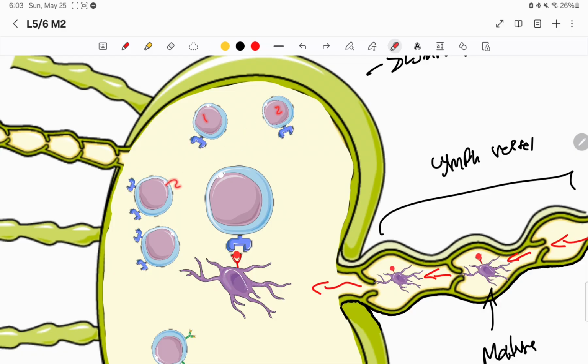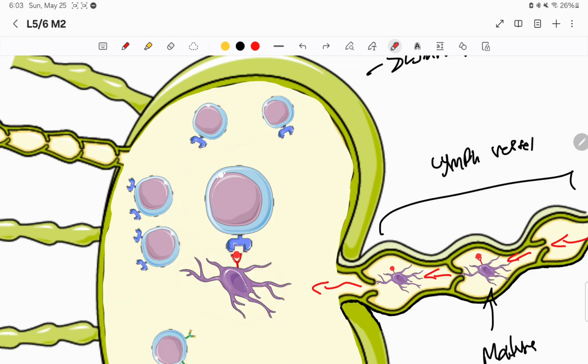There is 1, 2, 3, 4 T cells here currently. Naive T cells, all of them are naive, inside of this lymph node. Okay? This guy, dendritic cell, will go and interact with each and every one of them. He will antigen present to every one of them.